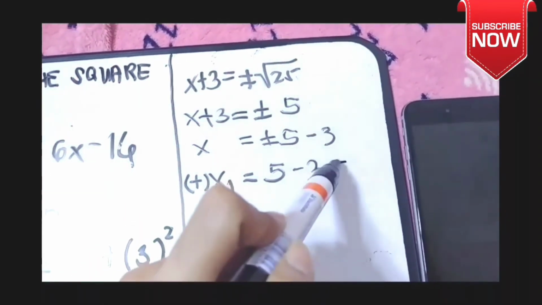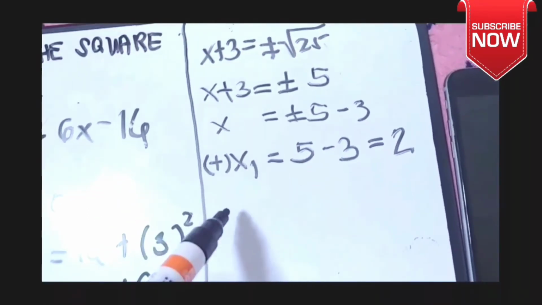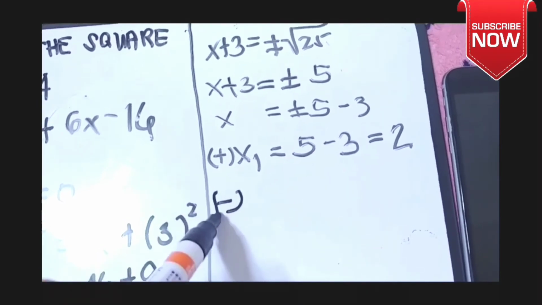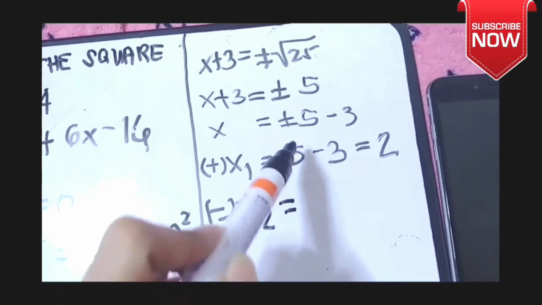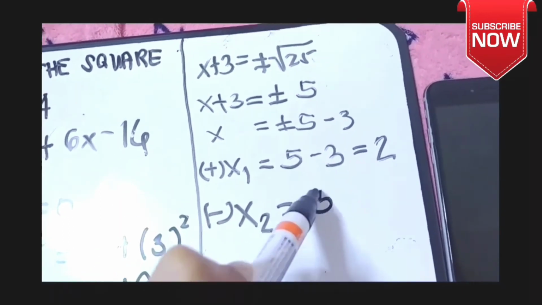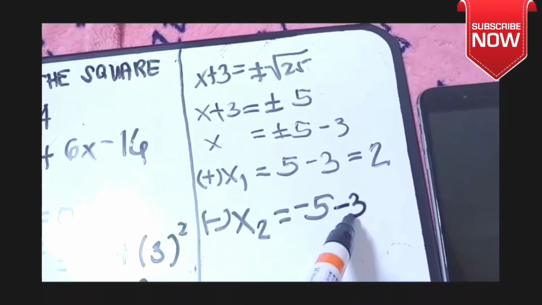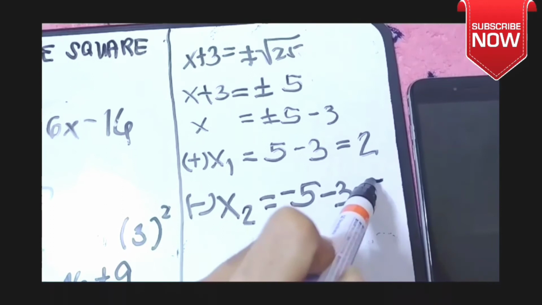Then that is equal to positive 2. So, other value of x, we consider negative, and that is x2 equals negative 5 kasi we consider negative, then minus 3 equals negative 5 minus 3, that is negative 8.